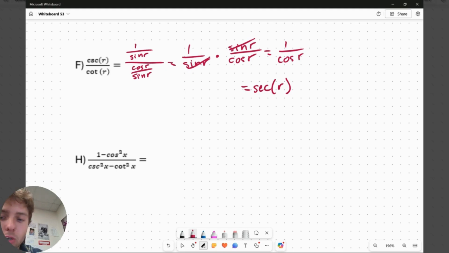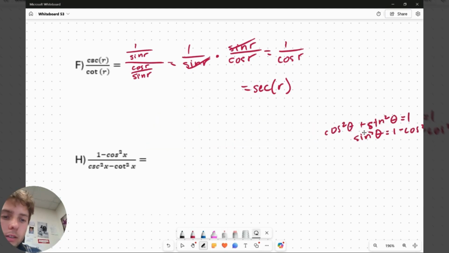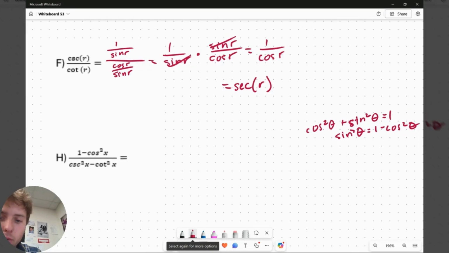I look at this next one. Again, we already found cosine squared plus sine squared is 1. So if I manipulate that and get the sine squared by itself, that's 1 minus cosine squared. So I know that the top then is really just sine squared x.